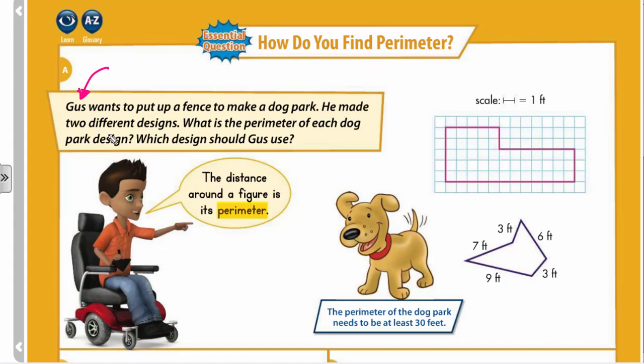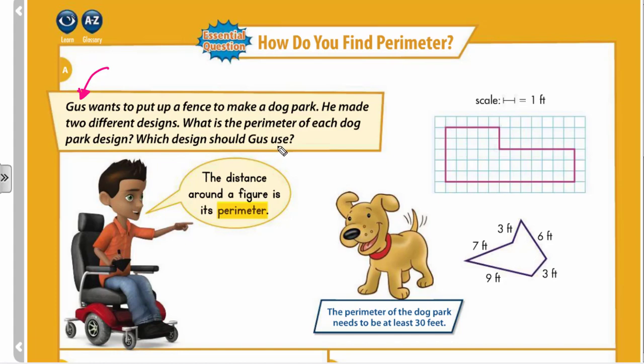He made two different designs. What is the perimeter of each dog park design? Okay, thank you, my hero.